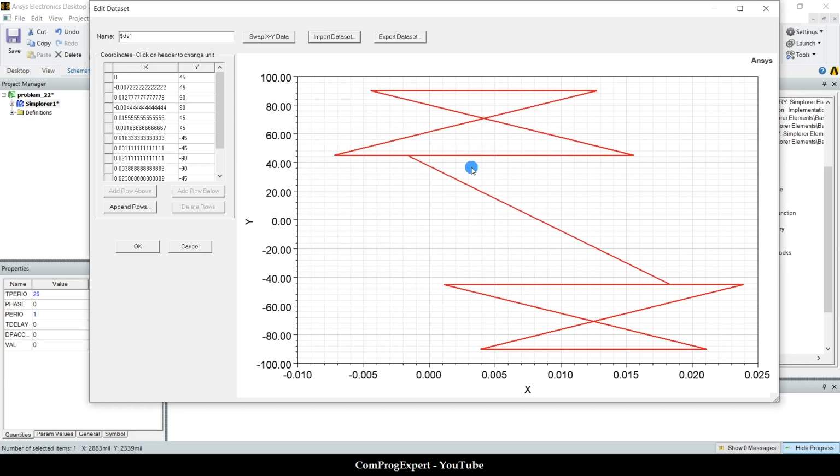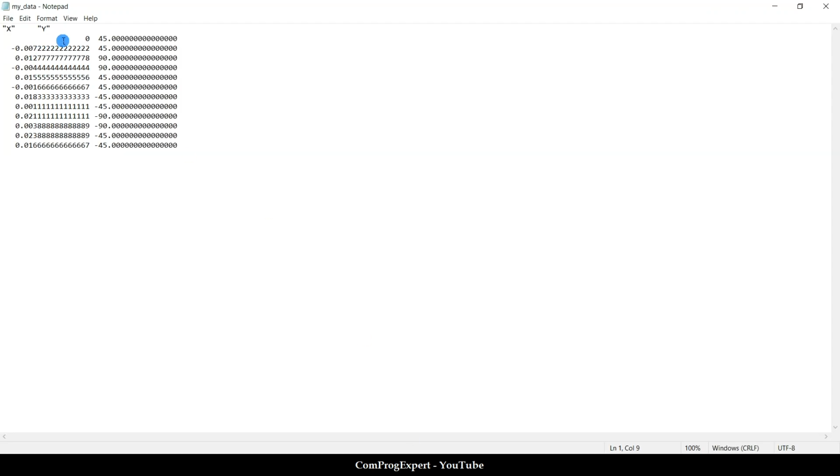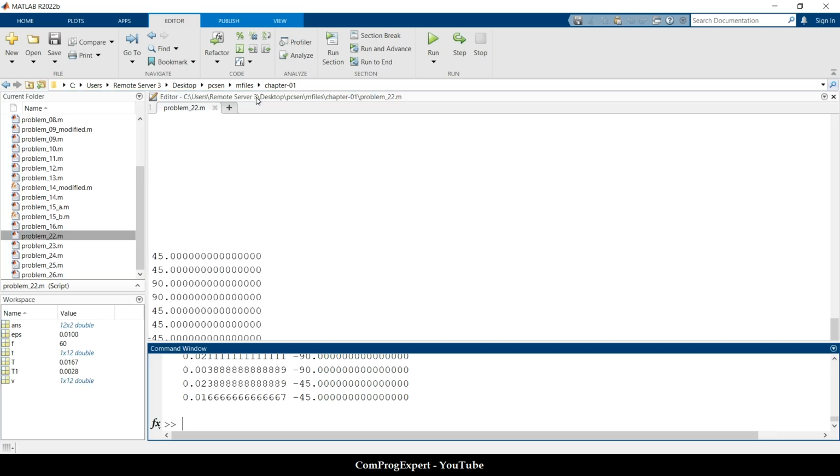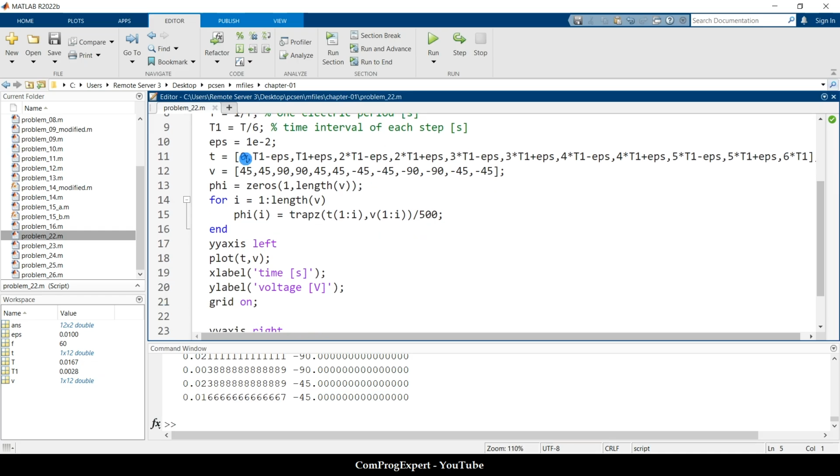Why do we have something like this? Here x is the time point and y is the value of the voltage. So what is the reason? Here we have wrong inputs for the value of t.